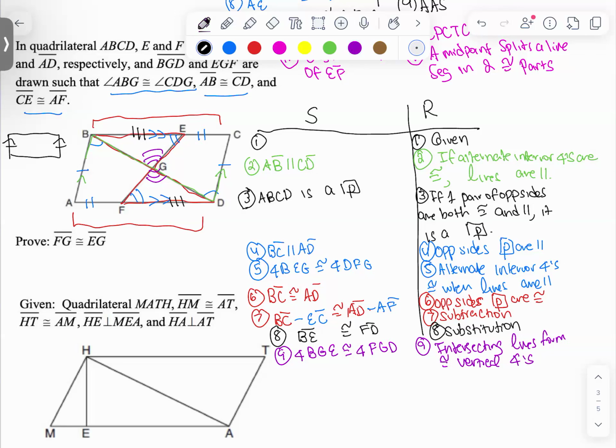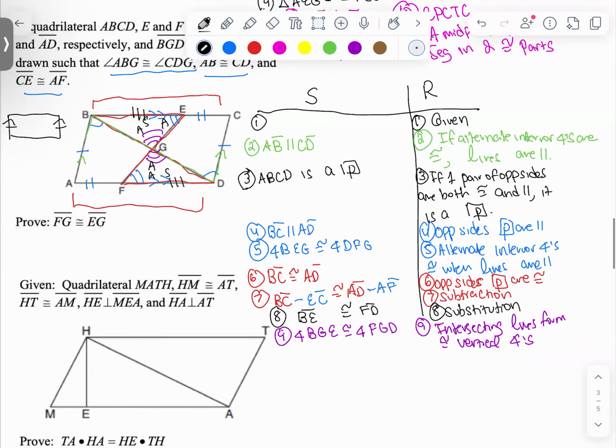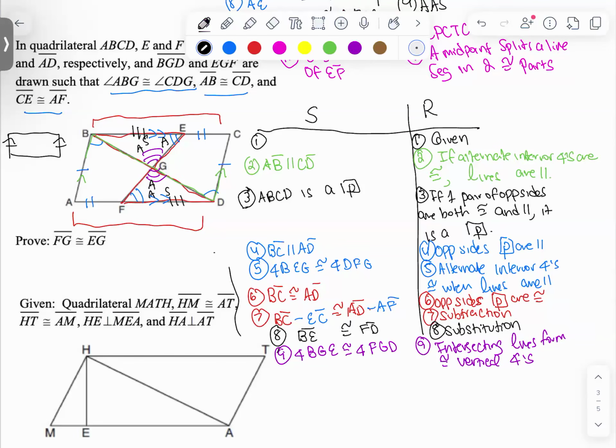And just like in the last example, we now have angle, angle, side. We have angle, angle, side. I'm going to just continue up here with step 10. We have triangle BEG congruent to triangle DFG. And that's by angle, angle, side.